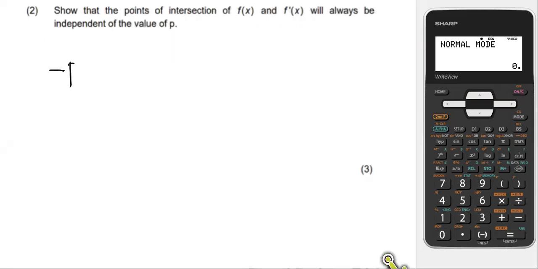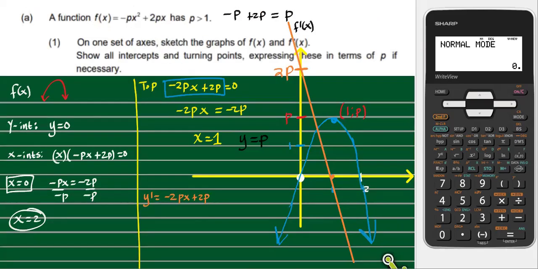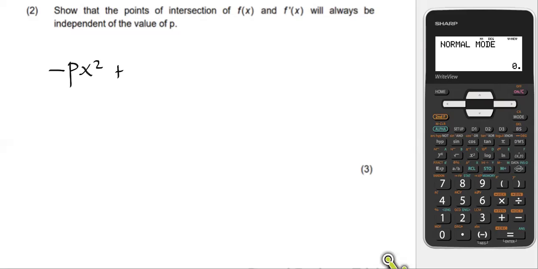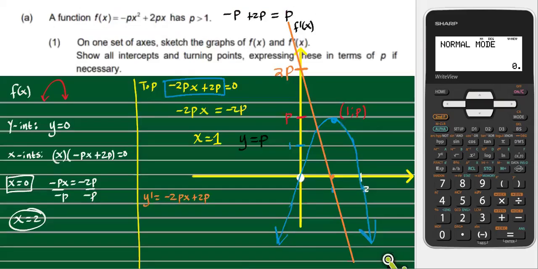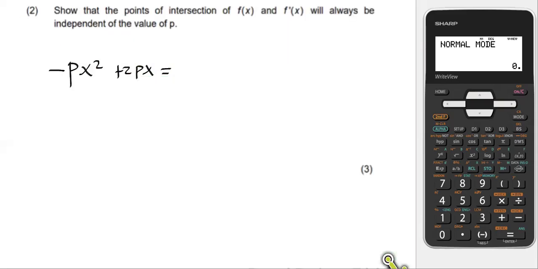So I'm going to take minus px squared plus 2px, which is that original graph, and I must equate it to the derivative here: minus 2px plus 2p.